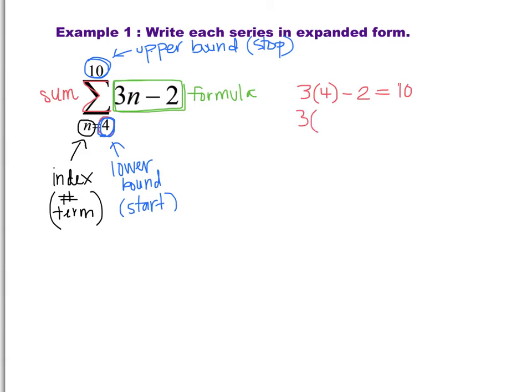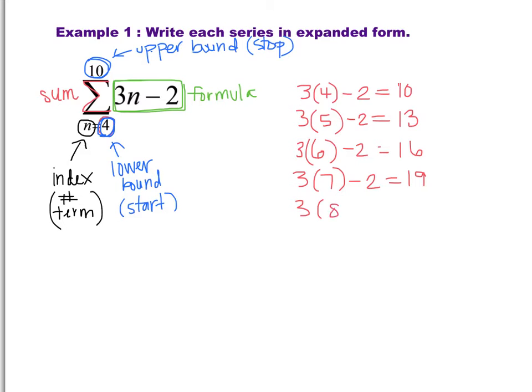And then counting by 1 with whole numbers, we're going to plug in 5 for my n, and then 6, and then 7, and then 8, and then 9, and ending with our upper bound of 10.